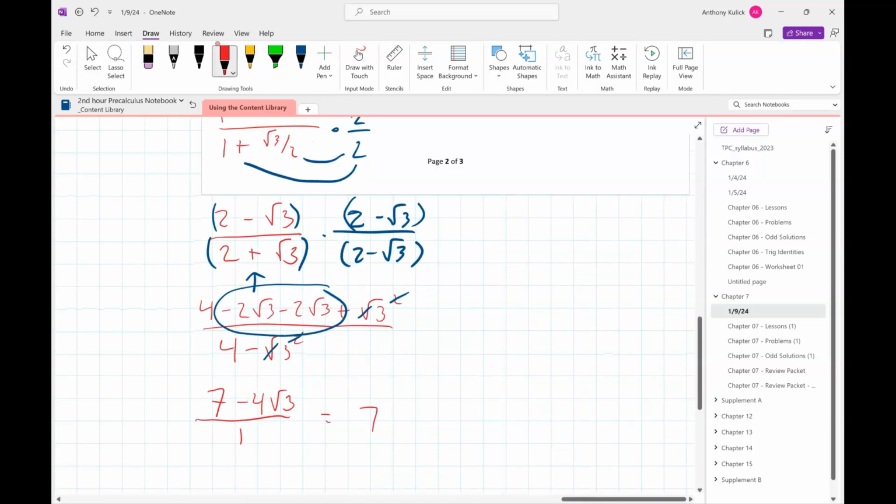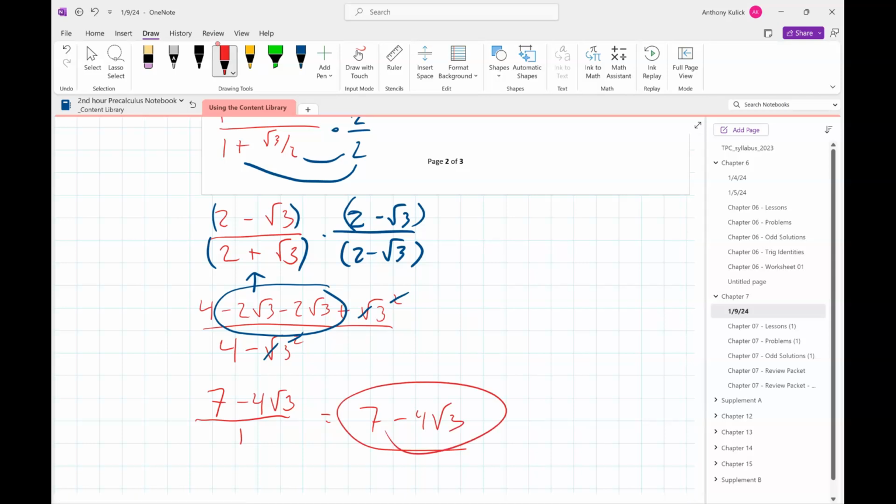Since that's all over 1, I can just drop the over 1 part, and that's my answer. Right, because anything over 1 is just itself. So 7 over 1 is just 7, and 7 minus 4 root 3 over 1 is just 7 minus 4 root 3.